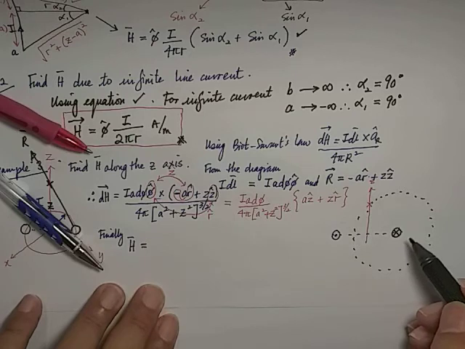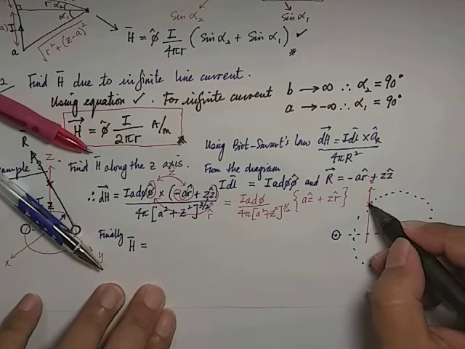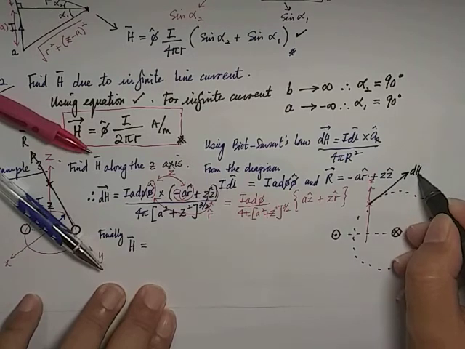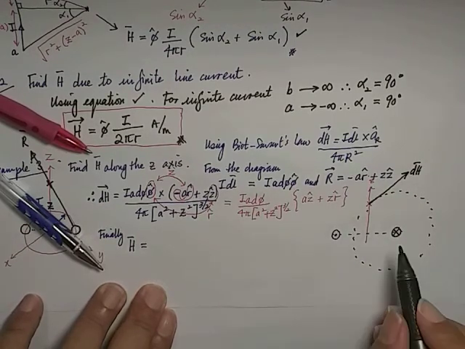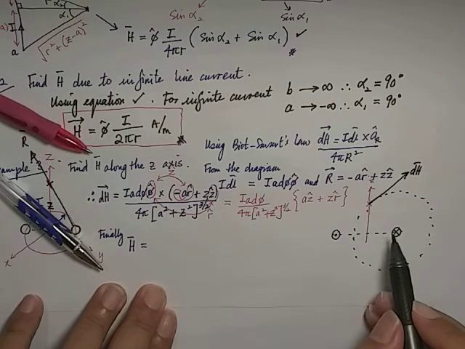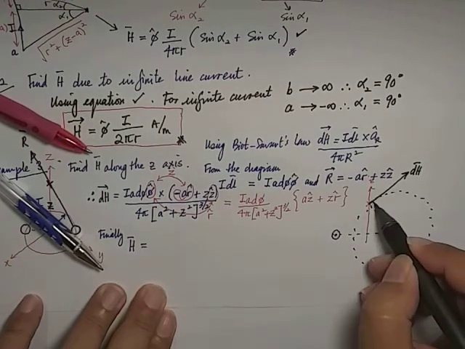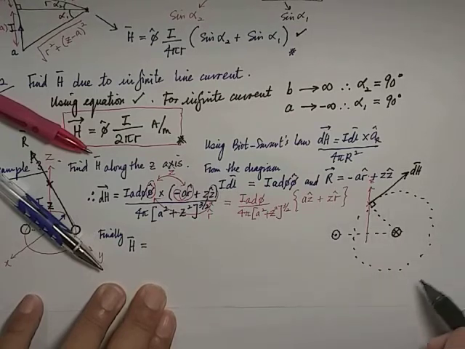Now how about the direction? If it's going into the paper, therefore the direction is going to be tangent. So that should be our black field dH. So how do I know that? Because it's going to make 90 degrees to the radius of this circular loop. So this is our magnetic field.